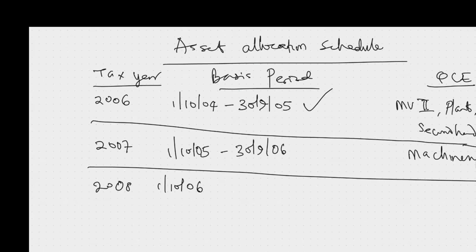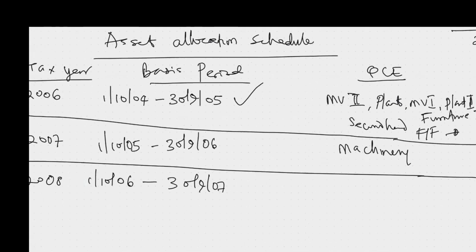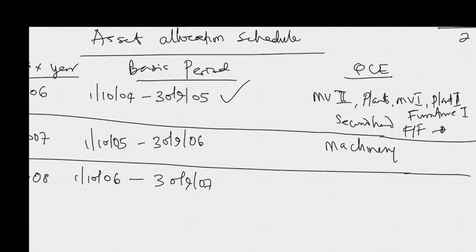They said they disposed an asset on 1306. That will fall here. Which one did they dispose? Motor vehicle 1.